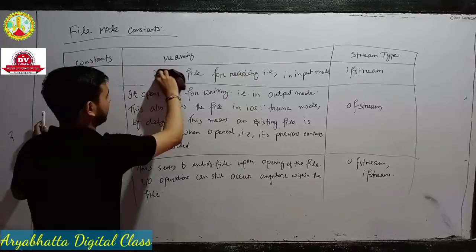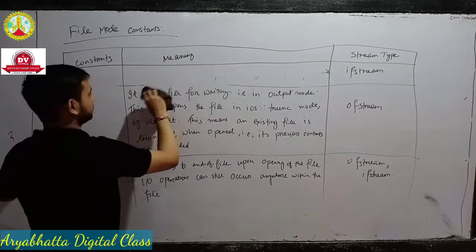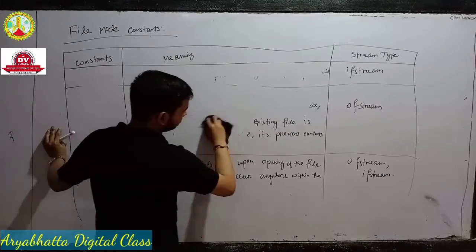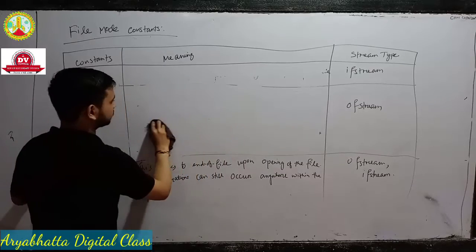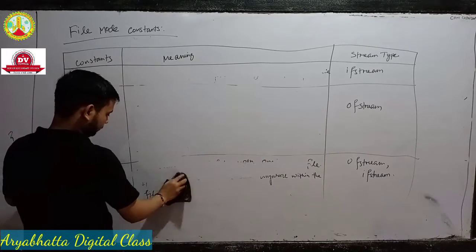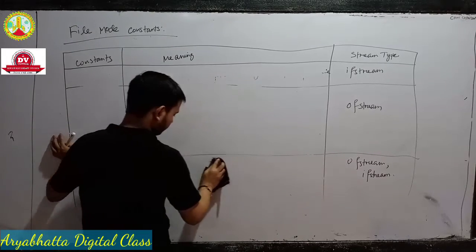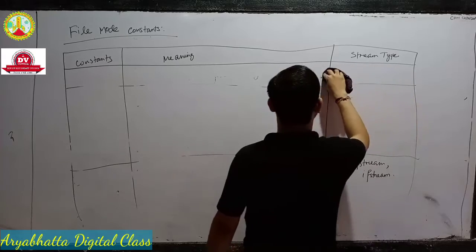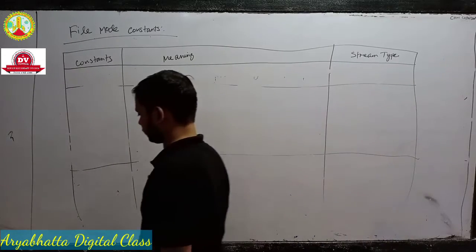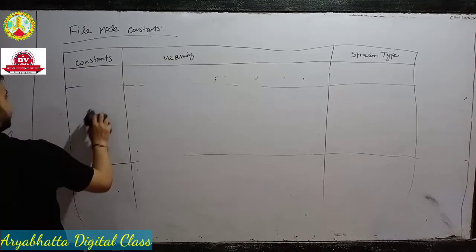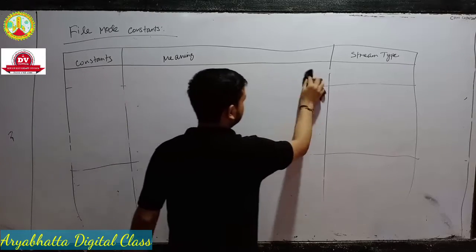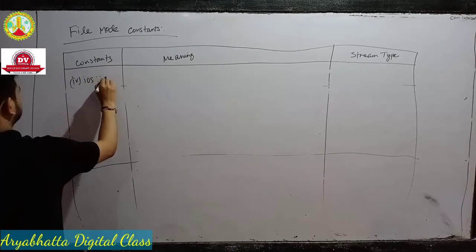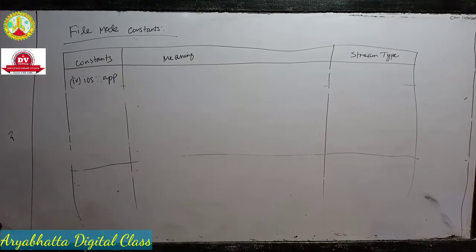Next one is the fourth one. You write serially in your copy. There is no space here, so I erase it and write down the fourth one. Fourth one is ios::app, right?